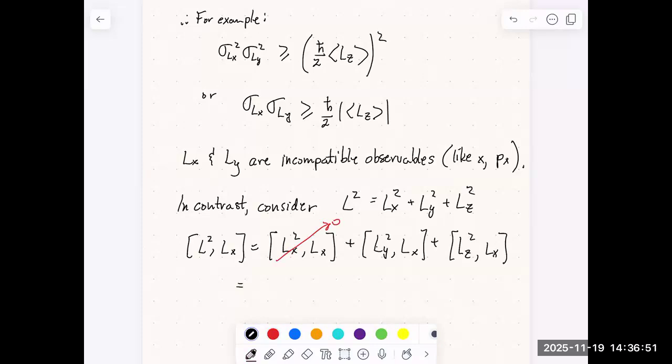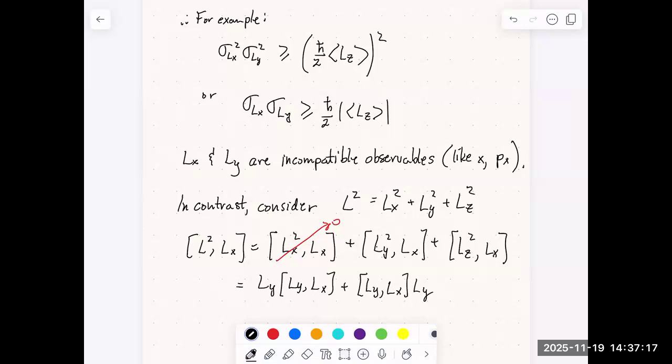It was one of the assignment problems in the most recent assignment, I believe. I can write Ly squared commuting with Lx as Ly times the commutator of Ly and Lx plus the commutator of Ly and Lx times Ly.